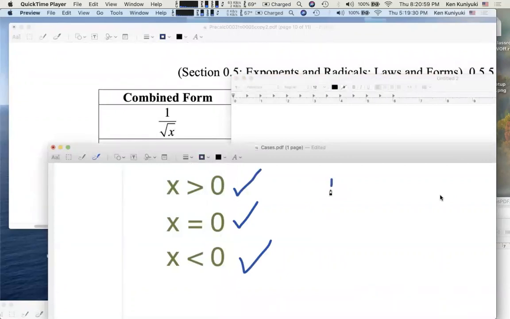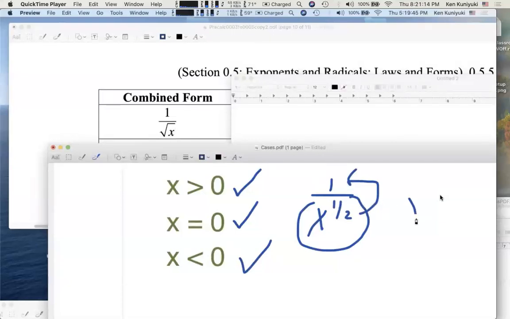Well, we have 1 over the square root of x is x to the 1/2. And then x to the 1/2 can come out as x to the what? As x to the negative 1/2. So we have both a fraction and a negative sign in the exponent.